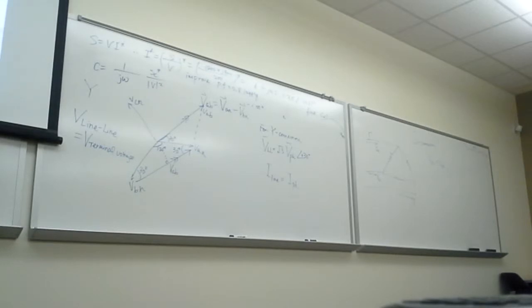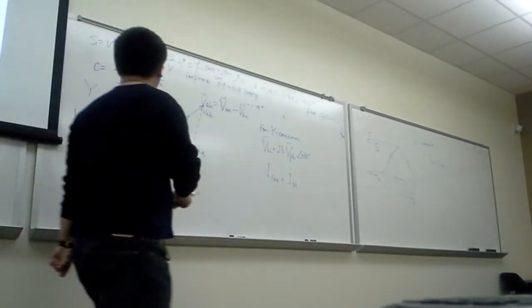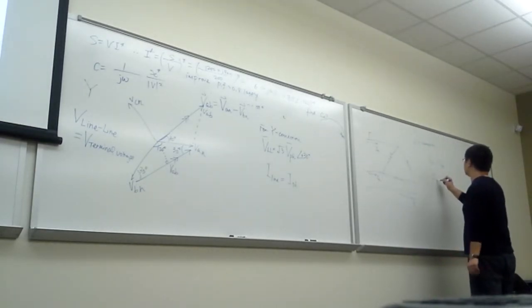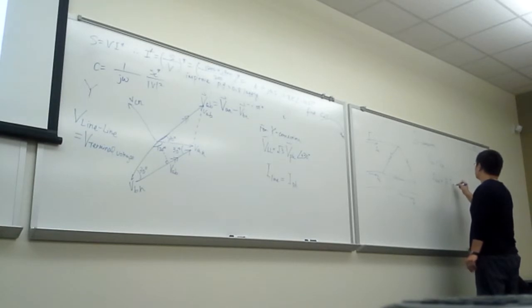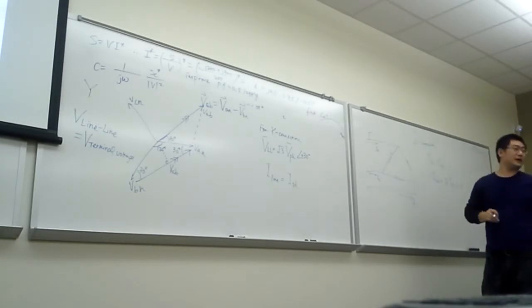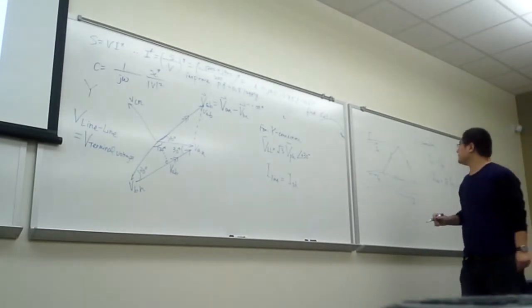However, this vector is 30 degrees lagging behind the phase current. So the line current is equal to square root of 3 times the phase current, and the angle is 30 degrees lagging. So let me draw this again.